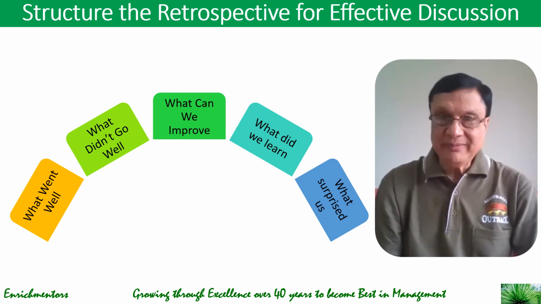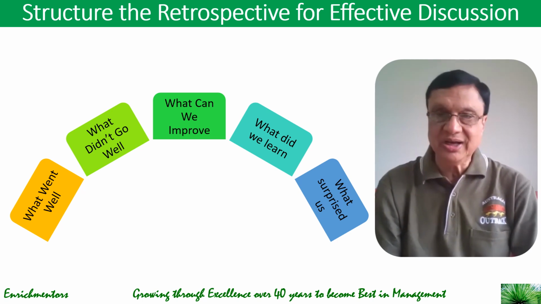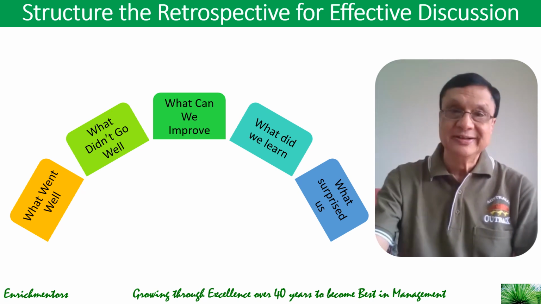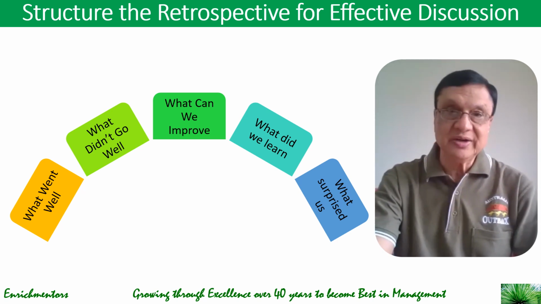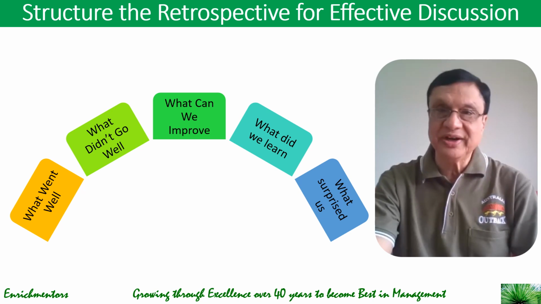In an HR context, you might ask what aspects of the hiring process worked well and what obstacles we encountered during an onboarding process, and then discuss improvements. So the structure of these retrospectives is basically to generate more effective discussion.